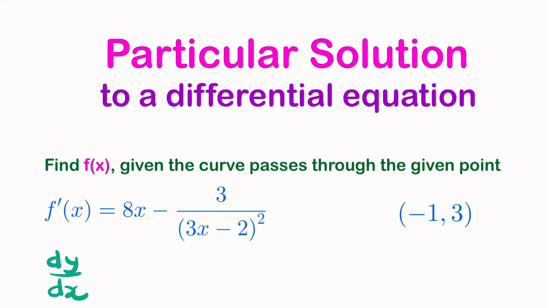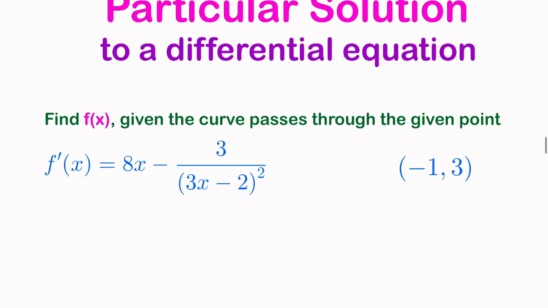We need to integrate, we need to substitute the coordinates we have to find the constant c, and then we're going to rewrite what we have as a particular solution. So let's make a start. Now, if you look at the question, finding this integration is easy, finding this is less easy.